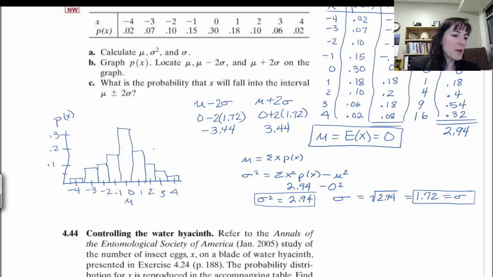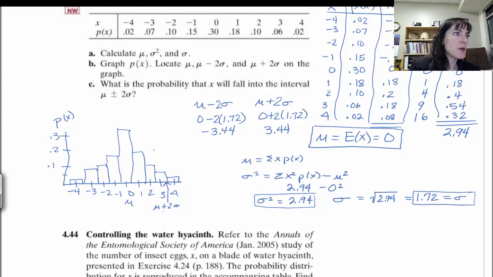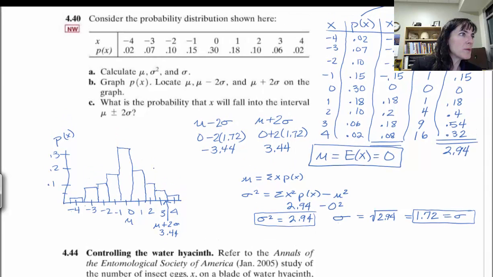And so at about 3.5, almost there, I'm going to put a line and call that mu plus 2 sigma, or 3.44. And then same thing in the other direction, almost to the halfway mark. I'm going to call that mu minus 2 sigma, and that'll be negative 3.44.